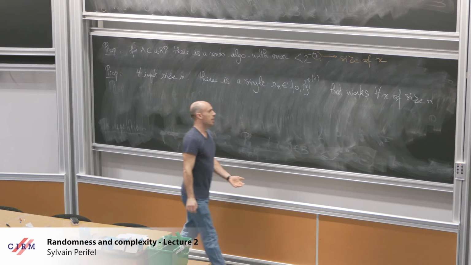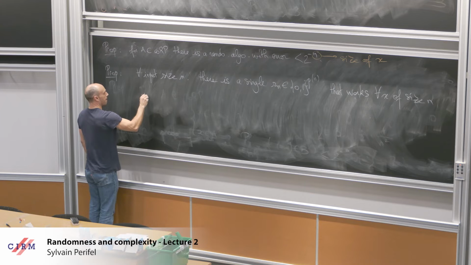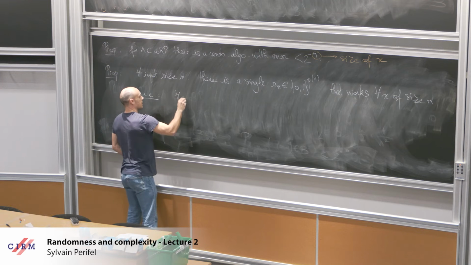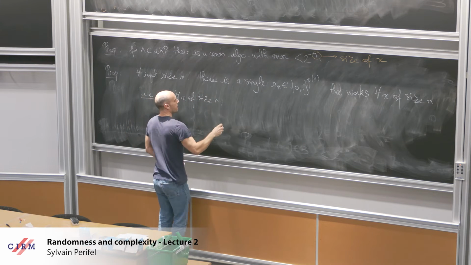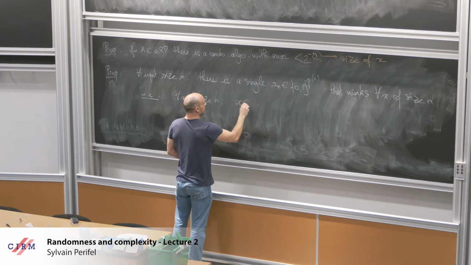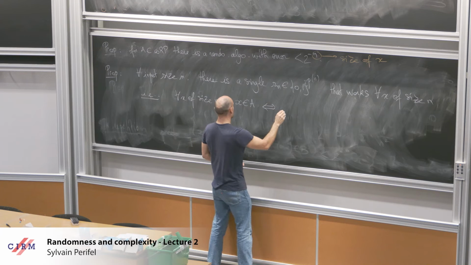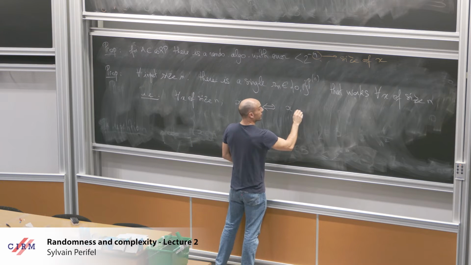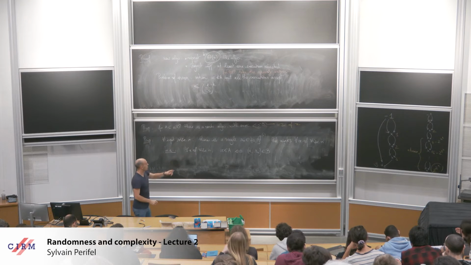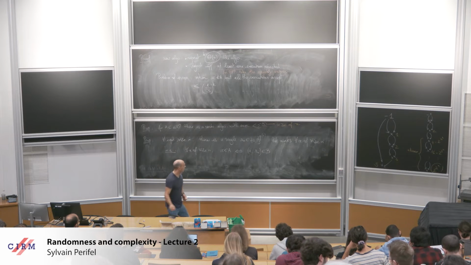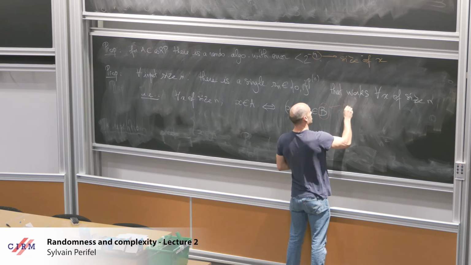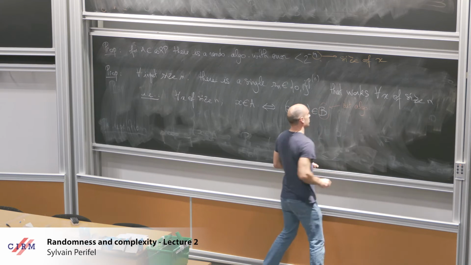So what do I mean by that? I mean that for all x of size n, we have x is in A if and only if (x, Rn) is in the language B that was used to define A. So this is B here, the language that defines A. This is the deterministic polynomial time algorithm, okay?